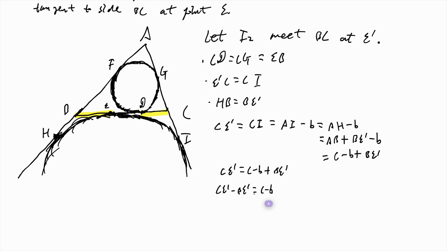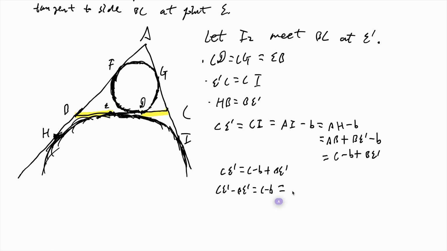What is C minus B? C minus B is actually, what is C minus B? This one minus that one, so this minus that.